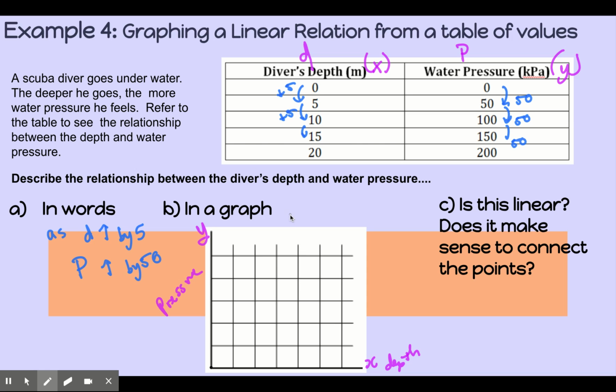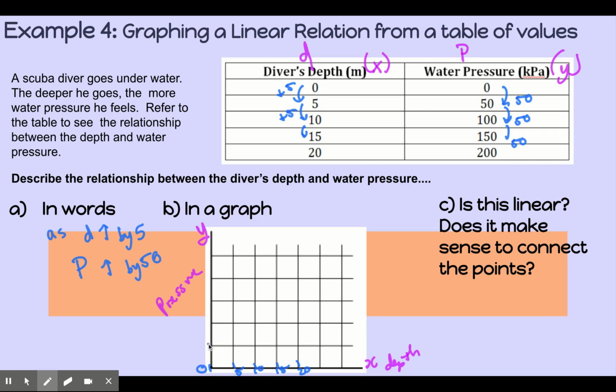In a graph, I've got 0 to 20 on my X, so it looks like I've got enough spots here, so the 0 is always going to start right there. I'm going to go 5, 10, 15, 20. You do have to label with your numbers.